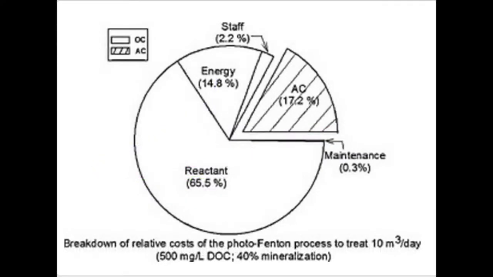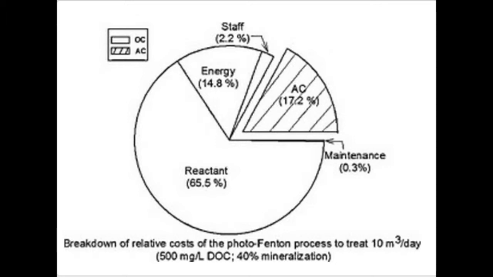This graph leads me to talk about the operating cost of the solar photo-Fenton reaction process. As you can see, the pie graph is made up of reactants, energy, staff, maintenance, and additional costs.